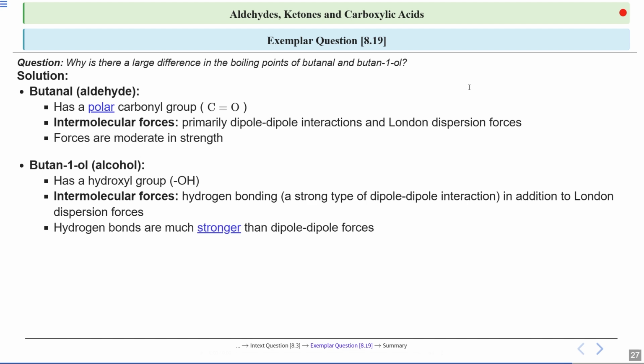Okay, so similarly, it is written over here that hydrogen bonds are much stronger than the regular dipole-dipole forces. So that is why butane 1-ol has a higher boiling point than butanol. This strength means more energy is needed to break these bonds during boiling.